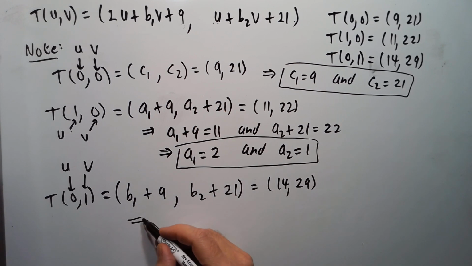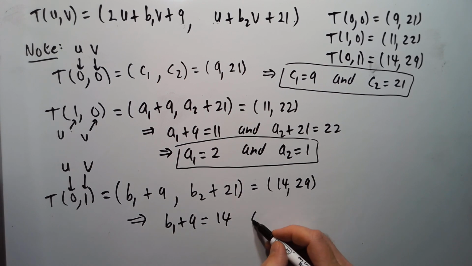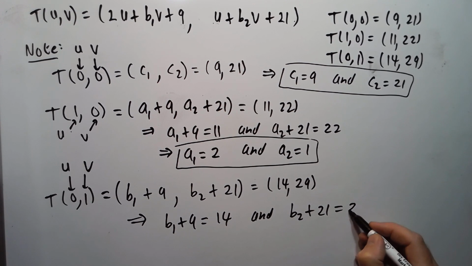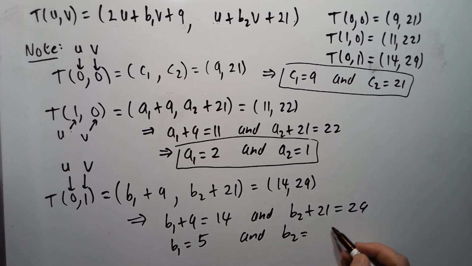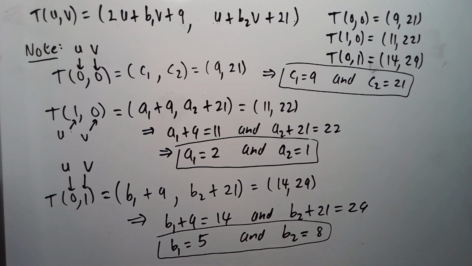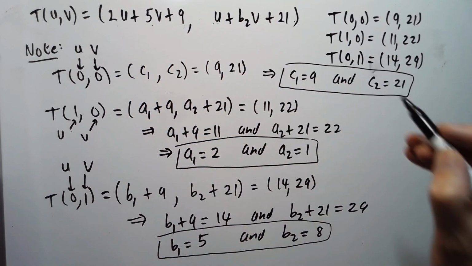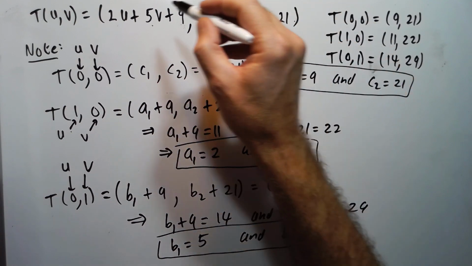So you'd have then B1 plus 9 is 14, and B2 plus 21 is 29. So here you have then B1 equals 5, solving that, subtracting 9, and B2 would be 8. So up here then our B1 is 5, and our B2 is 8. So this is our transformation here.